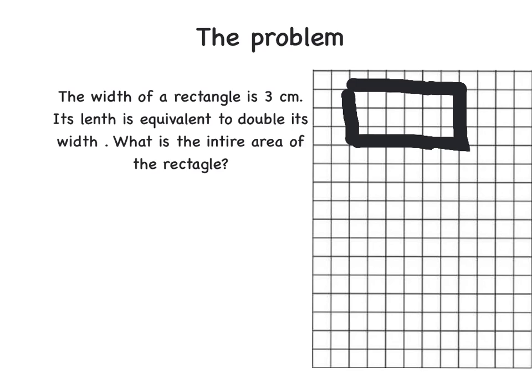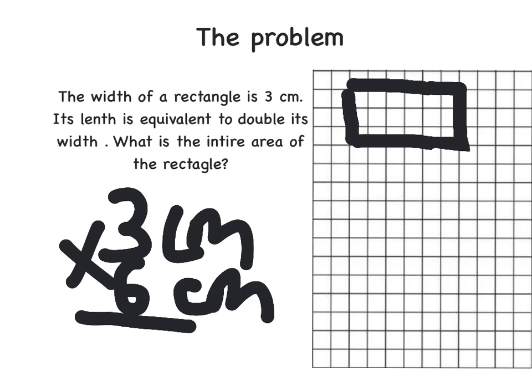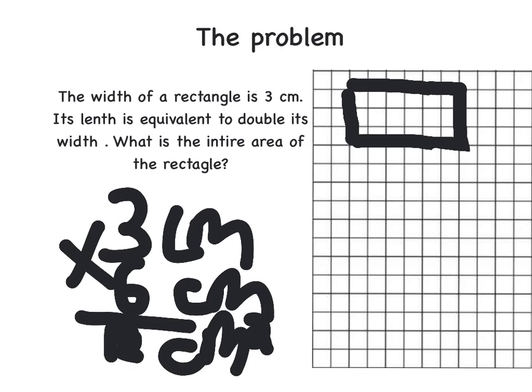So you do length times width again. 3 times 6 equals 18 centimeters squared. We have to put squared because it's the area, not the perimeter.